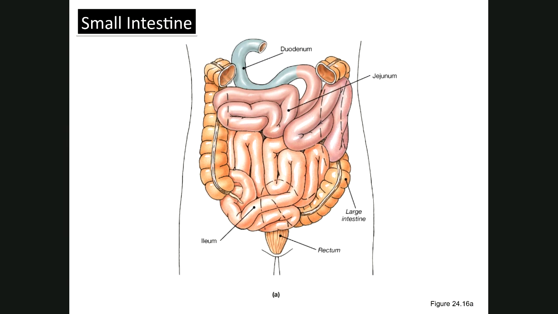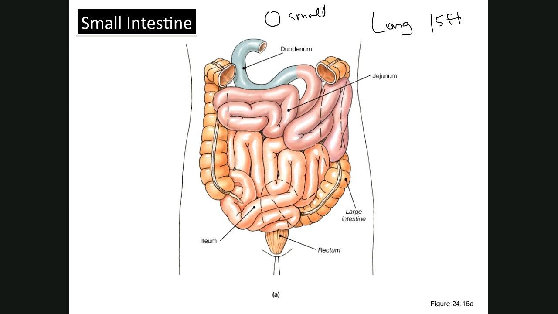If we look at the small intestine, it's called small because it's narrow. It's small in diameter. It's not called that because it's short, because it's not. It's actually very long. In an adult, in a living person, it's about 15 feet long. It's about the size of an adult jump rope.